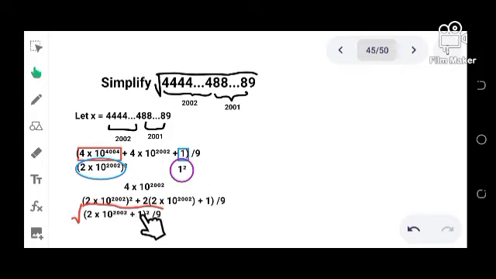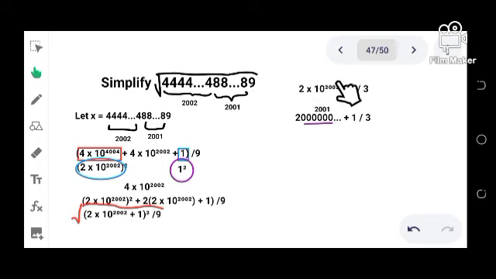So, the square root of this one, since it has an exponent of 2, and then you have 9 here, which is a perfect square, will just be equal to 2 times 10 raised to the power of 2002 plus 1 all over 3. And now we see that we have this one here.